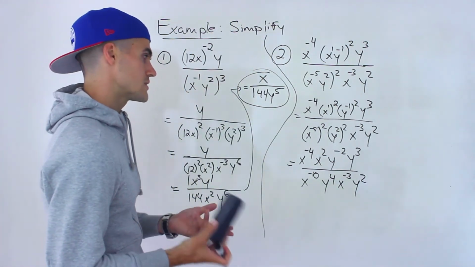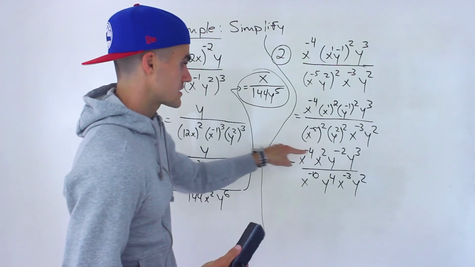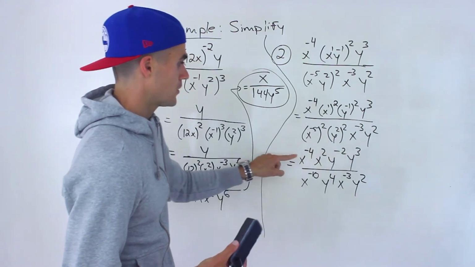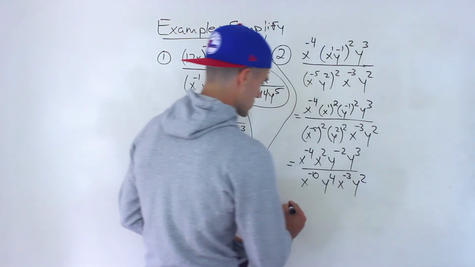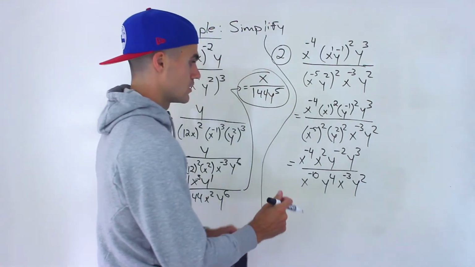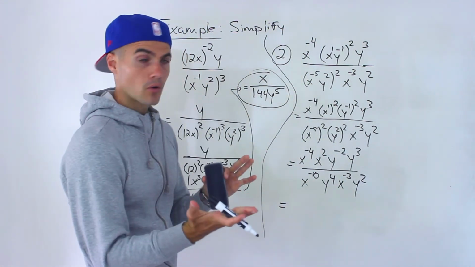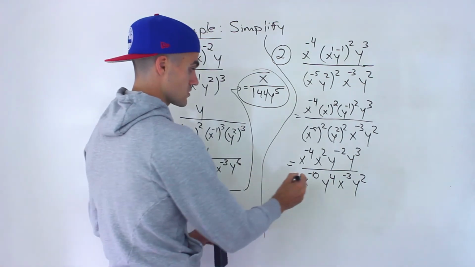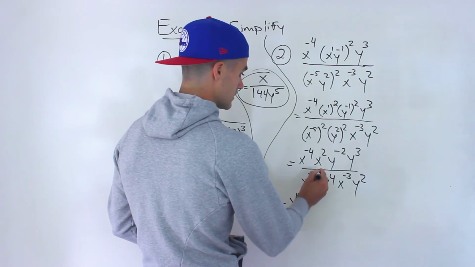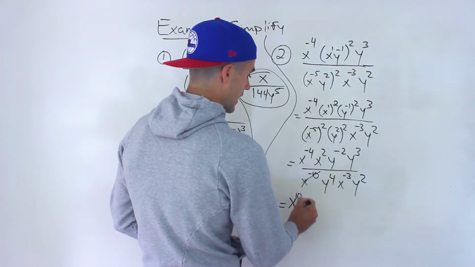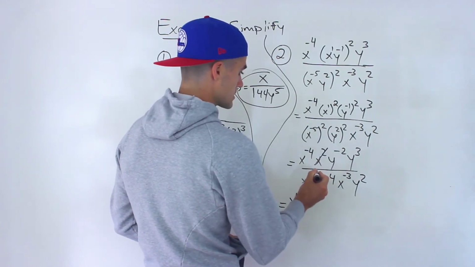And so from here, you could simplify, like you can add these exponents here. What I'm first going to do, there's different ways to go about it, is I'm actually going to take all the negative exponents and change them to positive. So this x to the negative 10 I'm going to bring up, that would be x to the positive 10. So took care of that. X to the 2 stays.